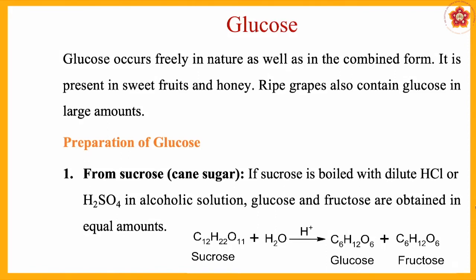First, the preparation of glucose from sugar, that is sucrose. Sucrose is present in cane sugar. If sucrose is boiled with dilute HCl or H2SO4 in alcoholic solution, glucose and fructose are obtained in equal amounts. Sucrose has the general formula C12H22O11.